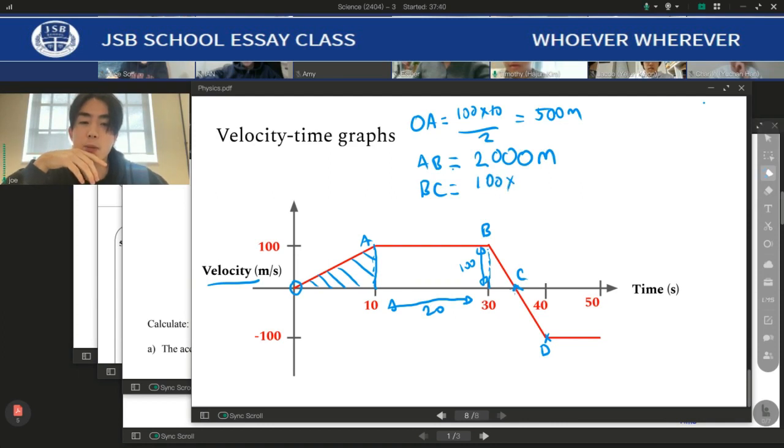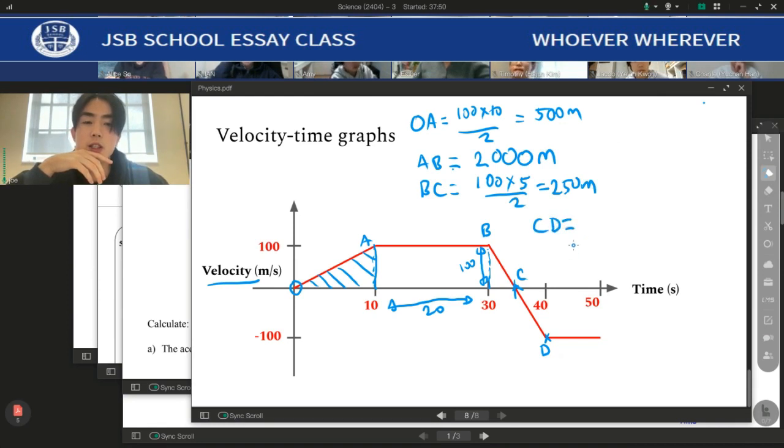Good. 100 times the time is now half, right? So 5 divided by 2, 250. Good. Right. C to D. Ian, C to D? Also 250.